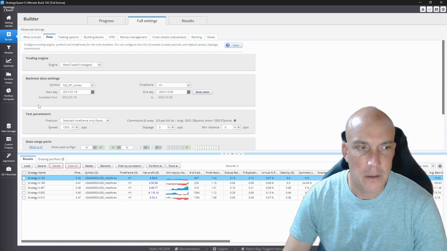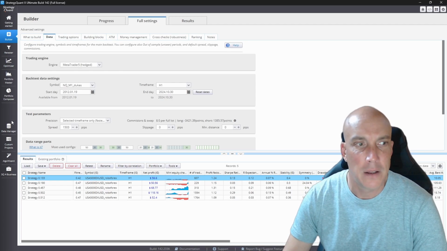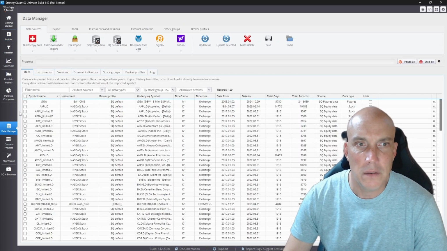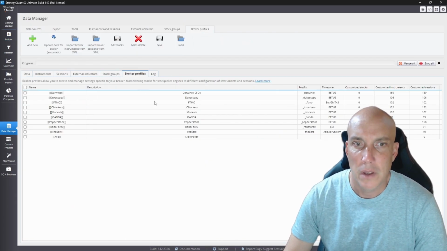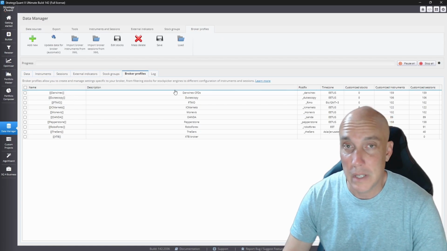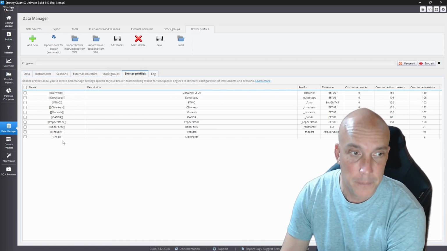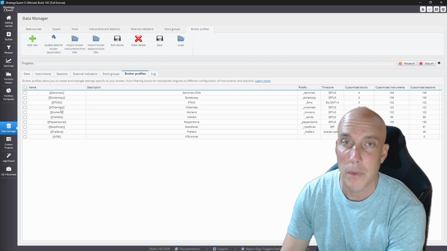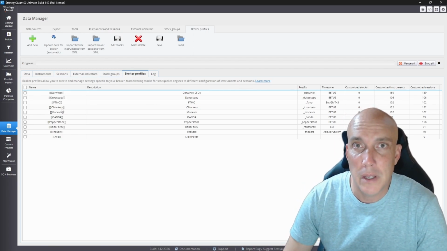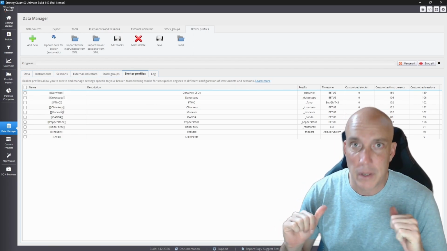And the way to figure out your data and get your data right is to use the broker profiles. So really easy if you can just choose a broker from here. Now I'm using IC Markets, and that's only because they accept Japanese residents.